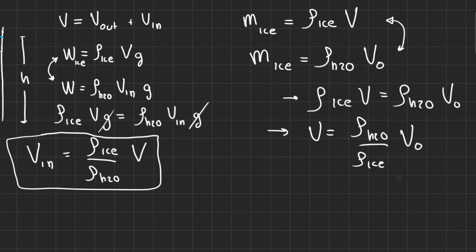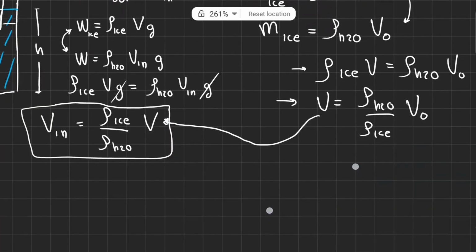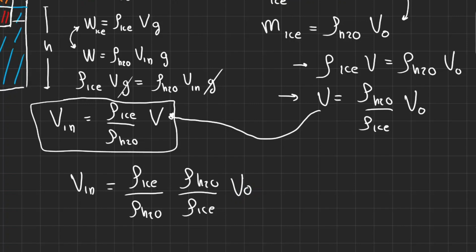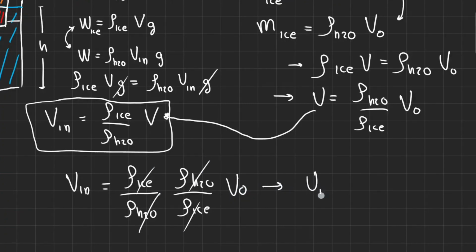We can easily plug this expression into the equation that we found first to get that V in is equal to the density of the ice over the density of the water times the density of the water over the density of the ice times V0. And we easily see that V in is equal to V0.